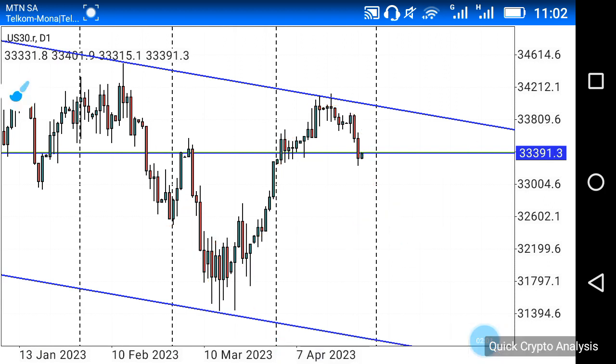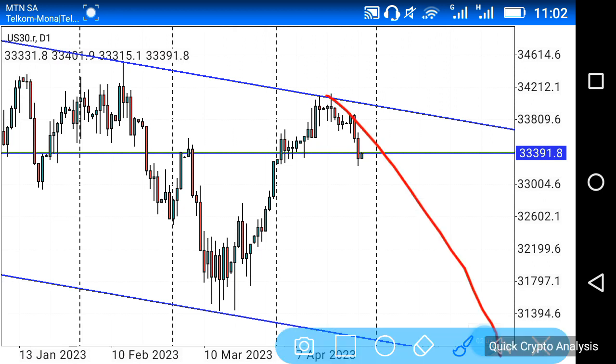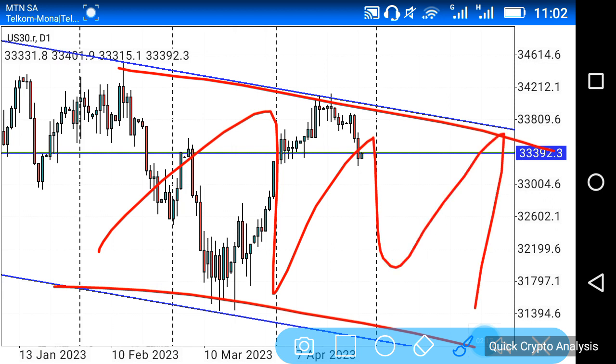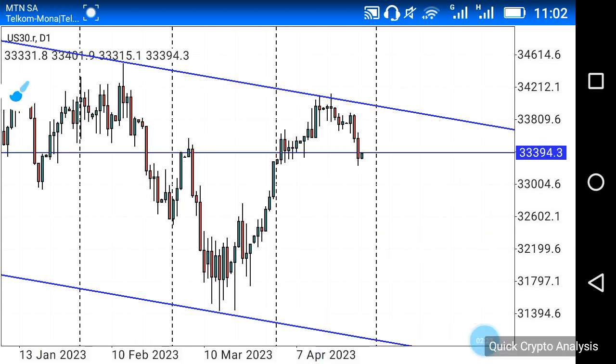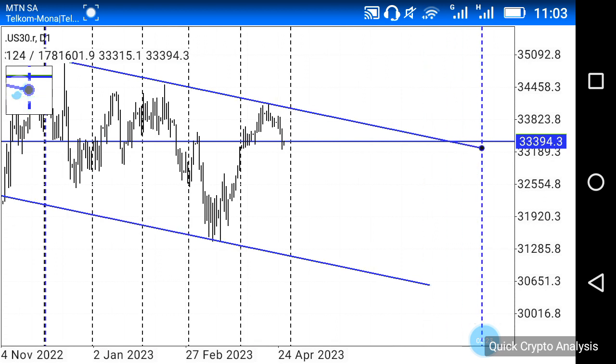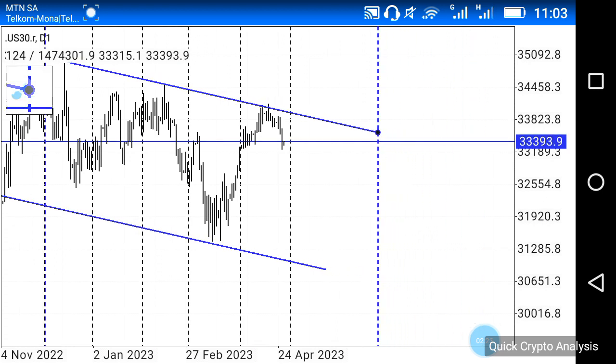But long term, I believe that we're likely going to see the market push further down to around these levels to grab all of those stop losses, right? And that is because, as I've said, guys, we're in a downward trajectory as far as the US30 index goes. So anyway, let's zoom in and see what else is happening in regards to this particular chart, which is the daily chart of US30.